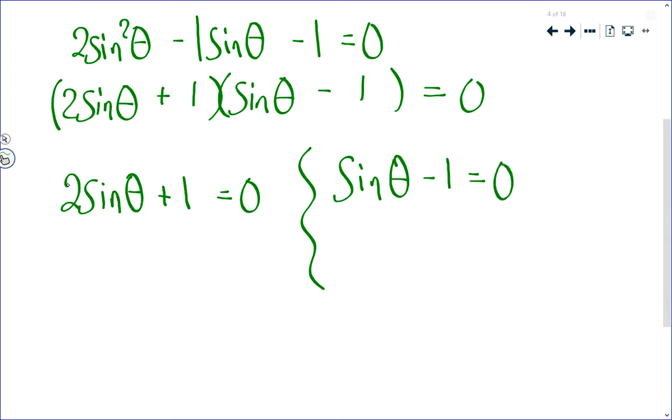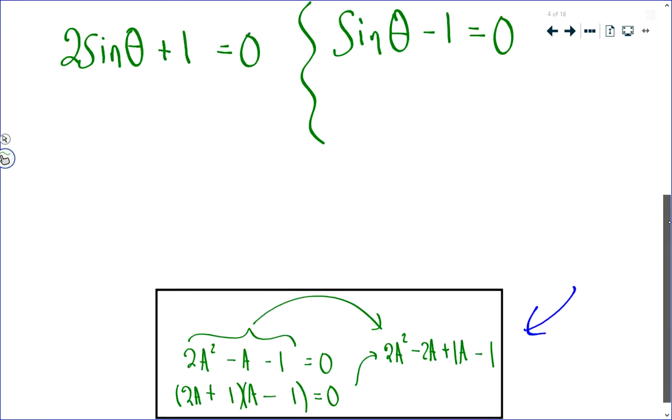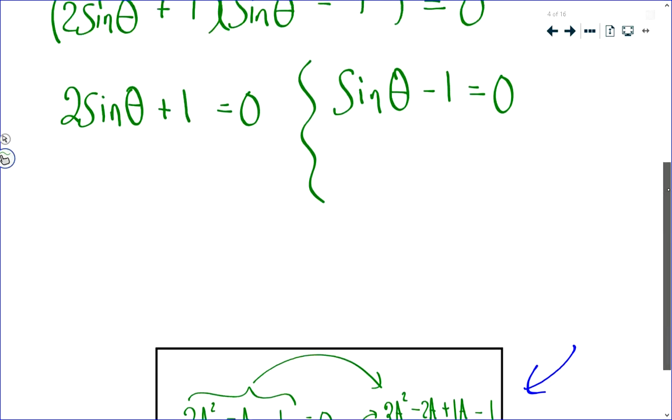So remember, when you have a product of two factors equaling 0, each of the two factors can be equal to 0.